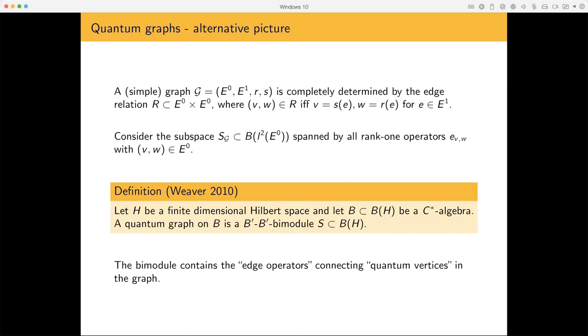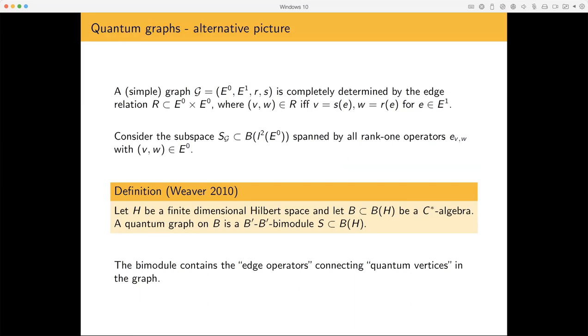In a sense, that is the original definition of quantum graphs, which goes back to work of Weaver. It starts from the observation that the graph is also determined uniquely by the edge relation. So you look at the relation on the vertices, which just contains the edges.